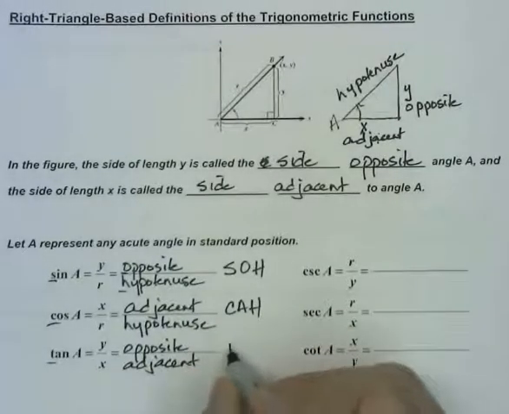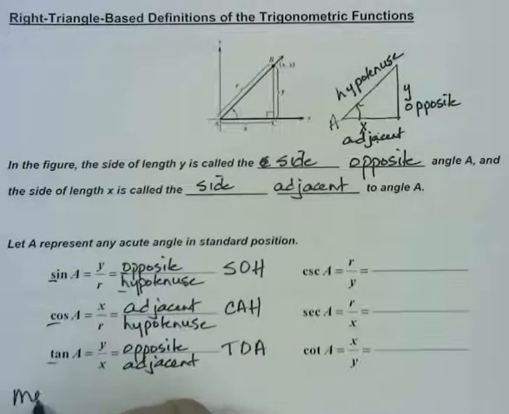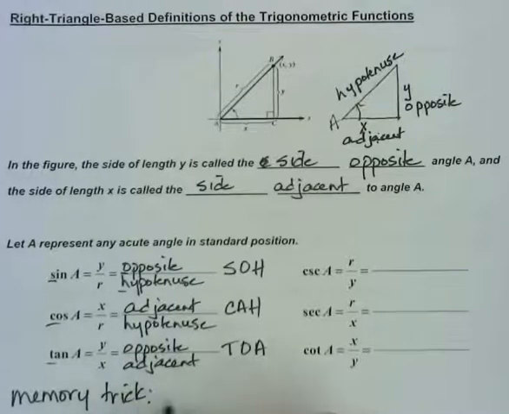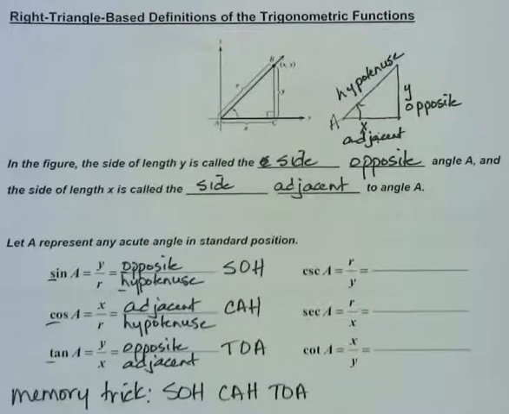And for tangent, we've got T for tangent, O for opposite, and A for adjacent. So our memory trick for this is SOH CAH TOA. If you can remember SOH CAH TOA, then that gives you those definitions based on the right triangle.